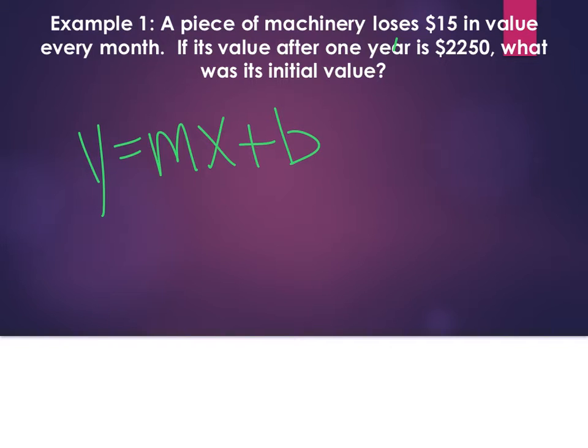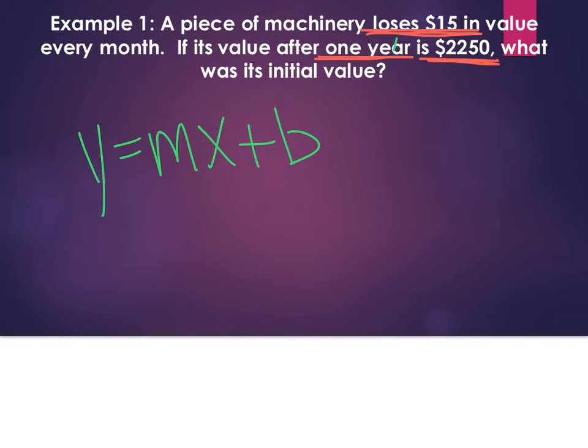So I see a couple different numbers in here that we need to focus on. I see that it loses $15 in value every month. So every month it's losing $15 in value. If its value after 1 year is $2,250, what was its initial value?